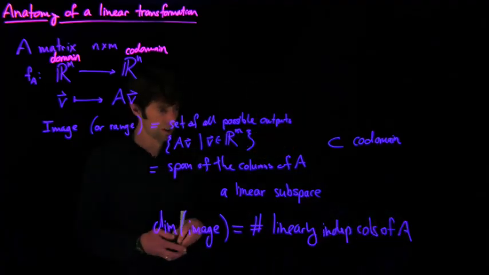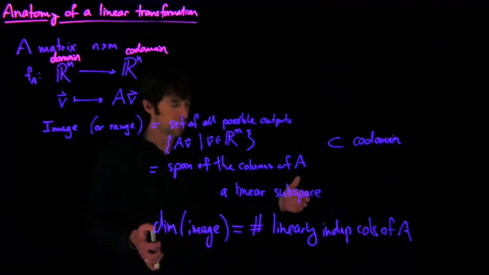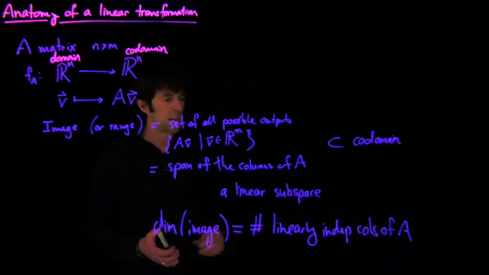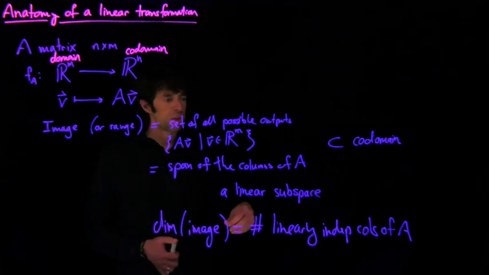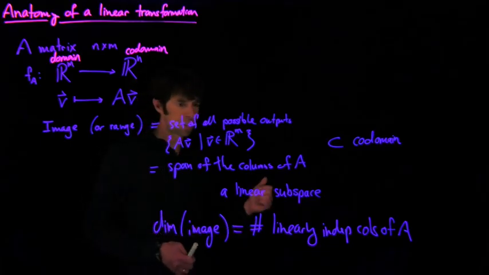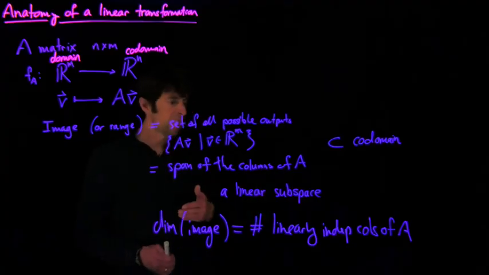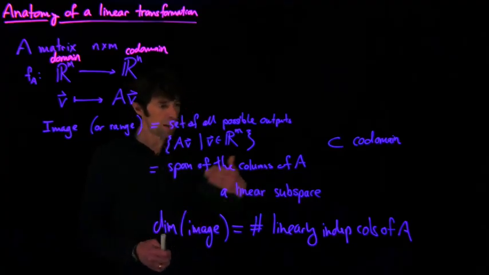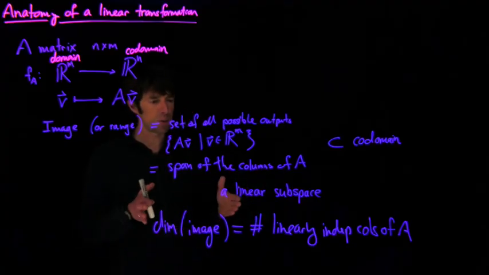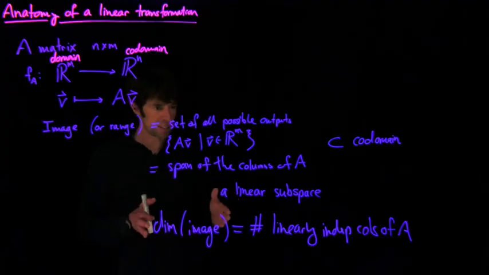So if you look at the set of columns, they might be linearly dependent, in which case you find one that you can throw out without changing the span, one that's in the span of the others, and you remove that one, and you keep on doing this until what you're left with is no longer a linearly dependent set. It's now linearly independent.